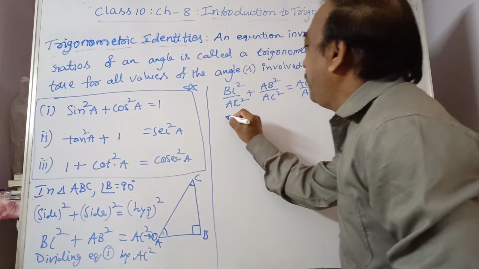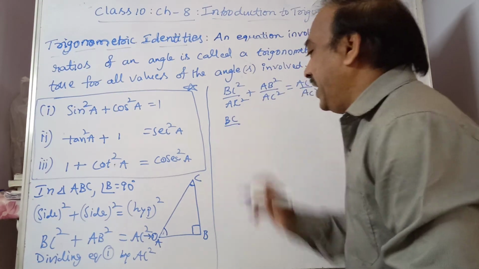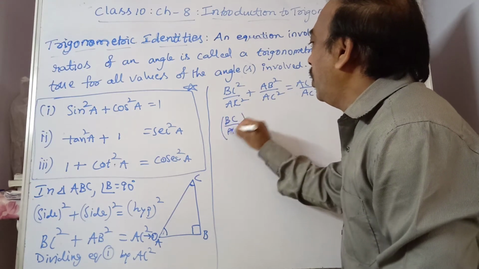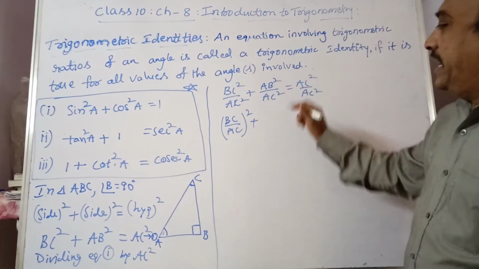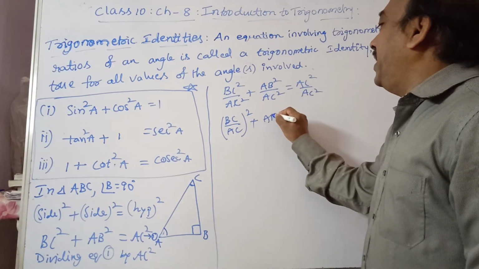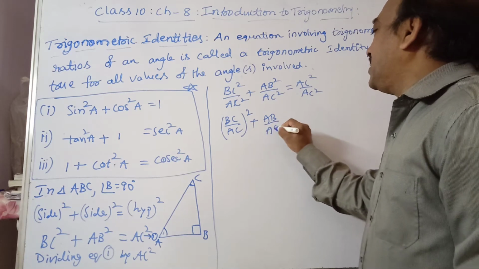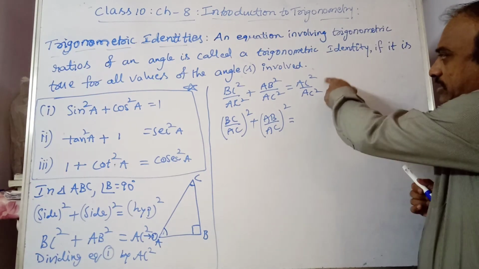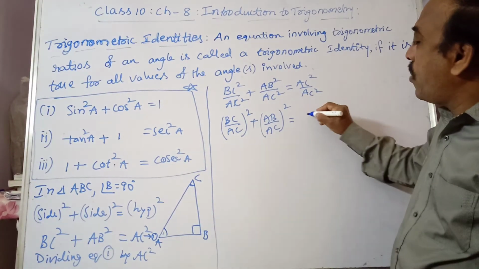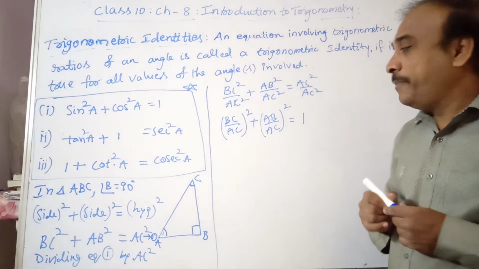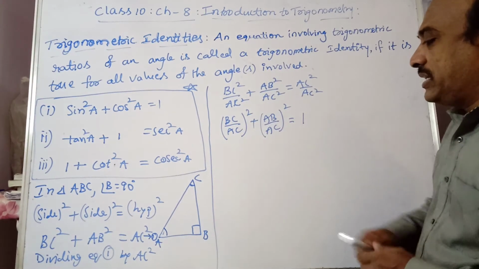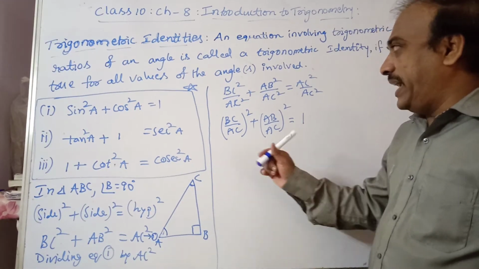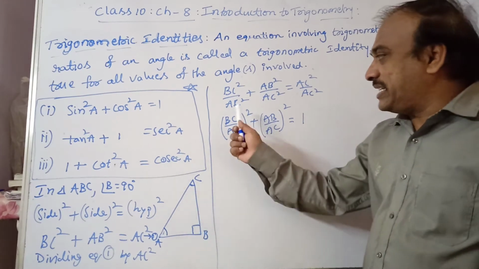So BC by AC whole square plus AB by AC whole square is equal to, what can you say about AC square by AC square, which is nothing but 1. Now BC by AC with respect to A.